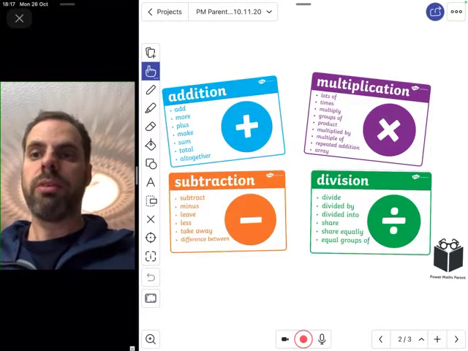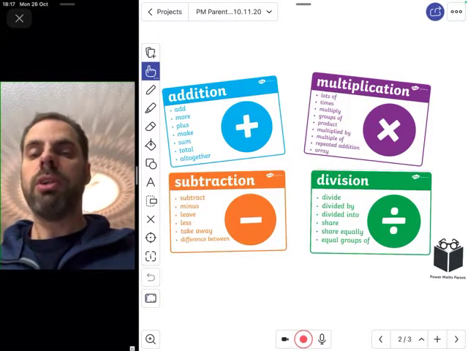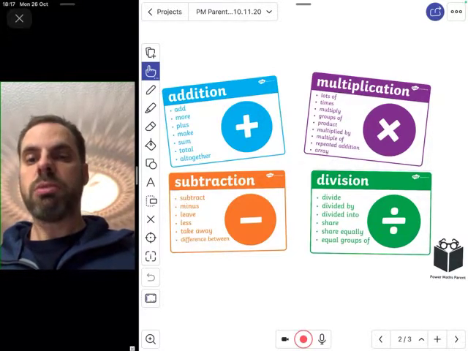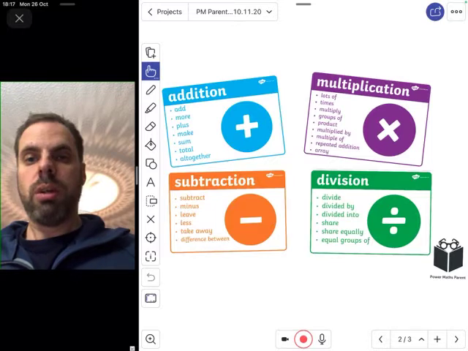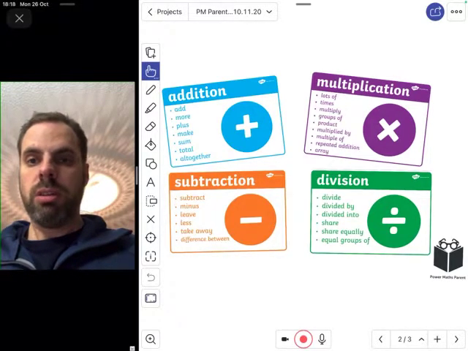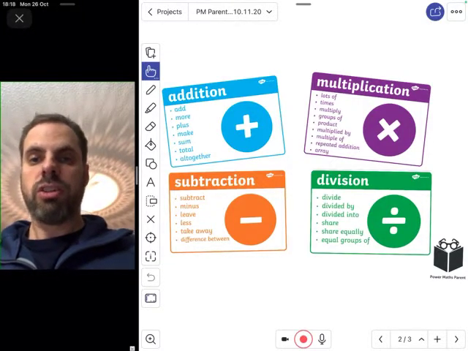The sum of 3 and 4 is 7. 3 and 4 altogether make 7. The product of 3 and 4 is 12. And that is why they really do need to know the difference between the words that are associated with addition and subtraction and multiplication and division.